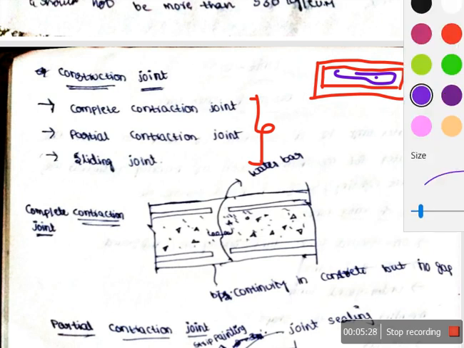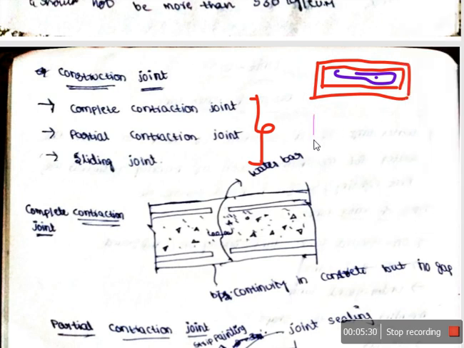Now if you cut the cross section of it, it may look like this. Now you have water here, let us say for height h.